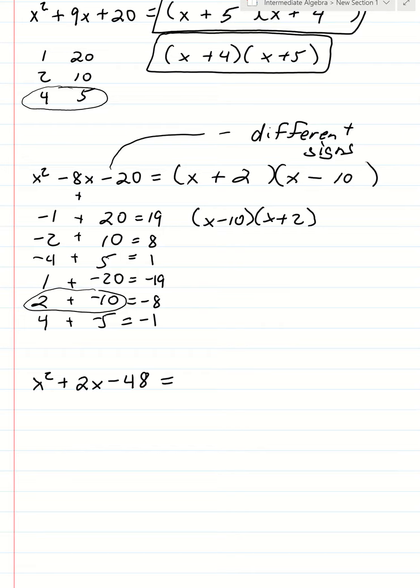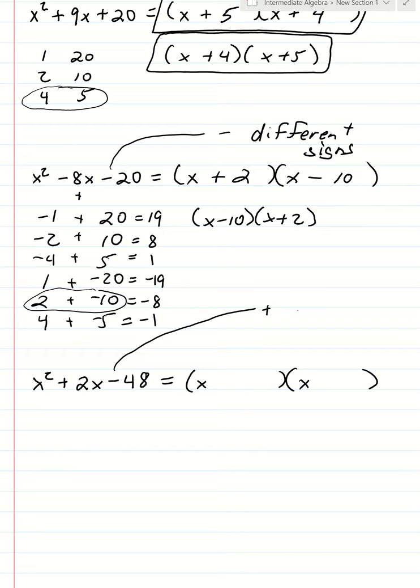Well, if I set up my parentheses, what multiplies to form, once again, the x squared would just be an x and an x. What do we know about the signs? Are they going to be the same or are they going to be different? Remember, look at that last sign there.